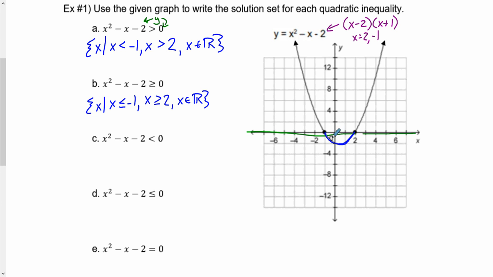So where is it less than 0? It's in between -1 and 2. To say in between -1 and 2, we say -1 is less than x, which is less than +2, x an element of real numbers.